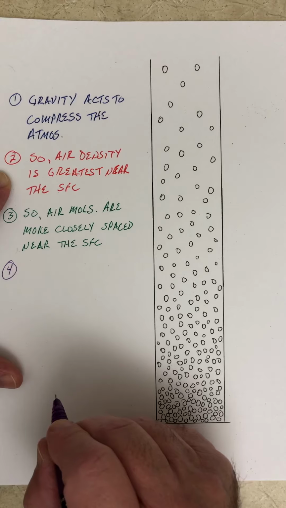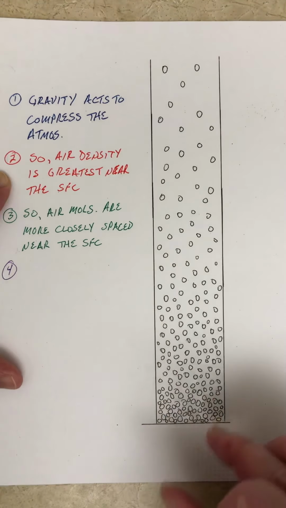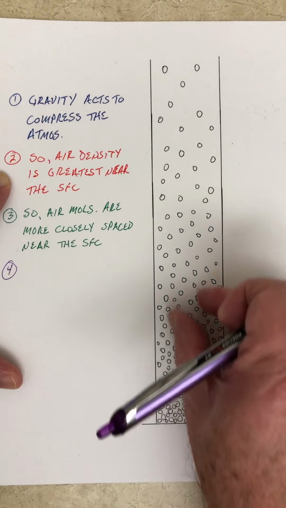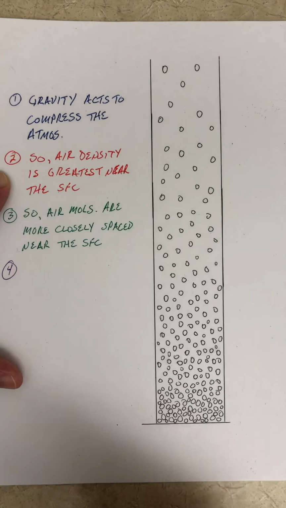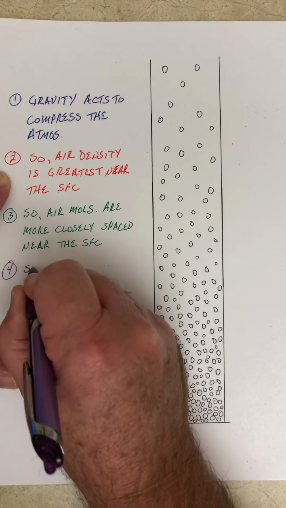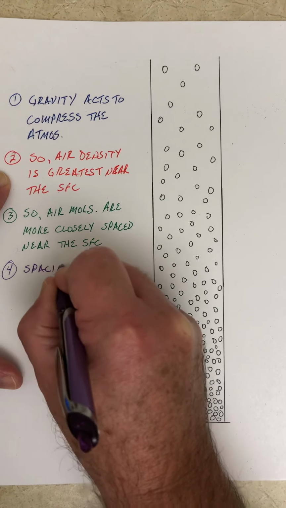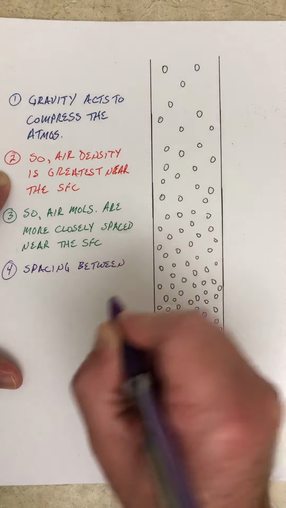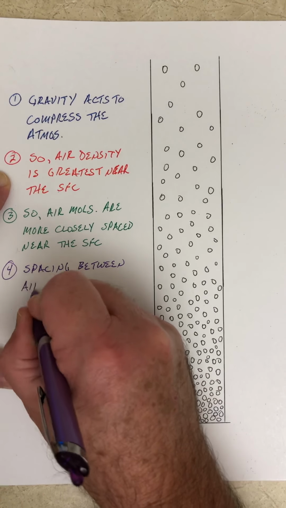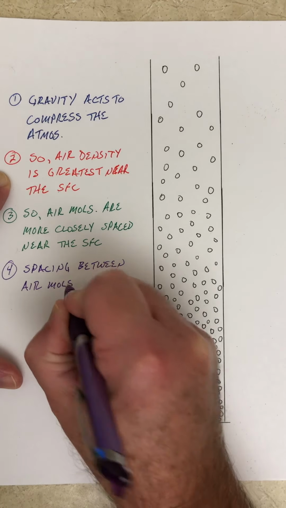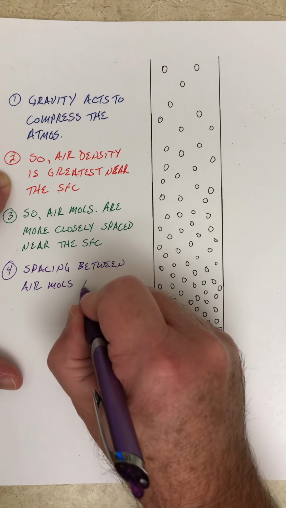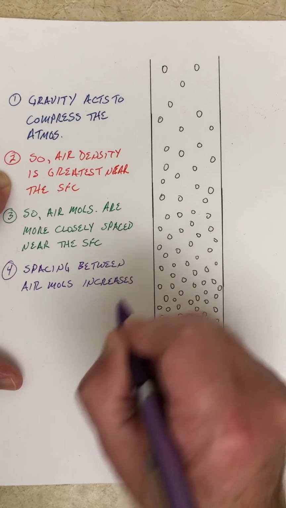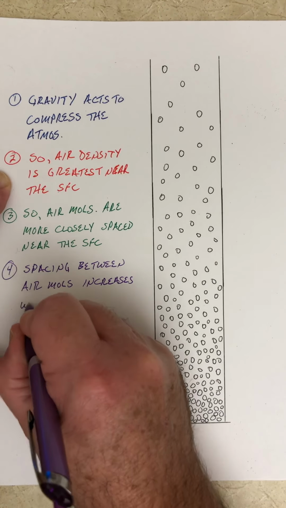And then as a result, the spacing between the air molecules is closest near the surface. And as you go up into the atmosphere, that spacing is going to increase. So the spacing between air molecules is going to increase with an increase in altitude.